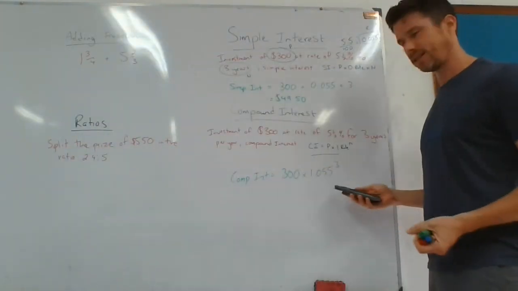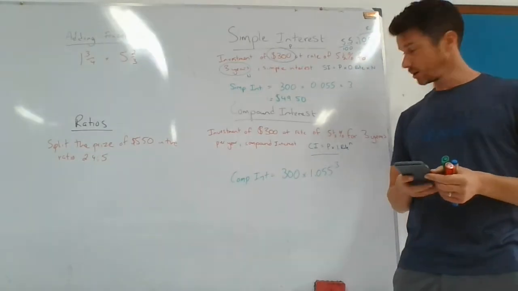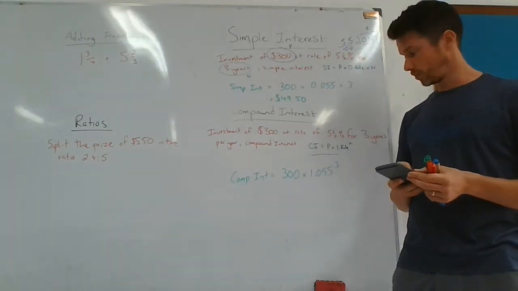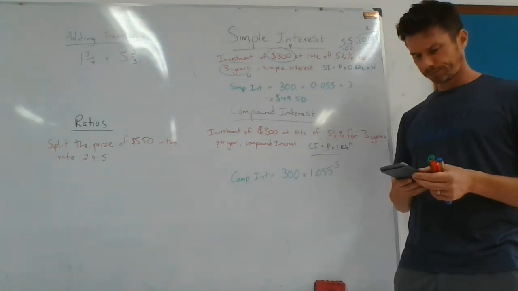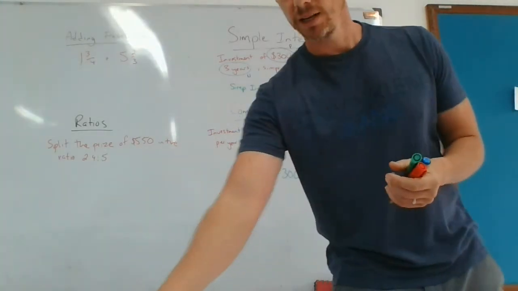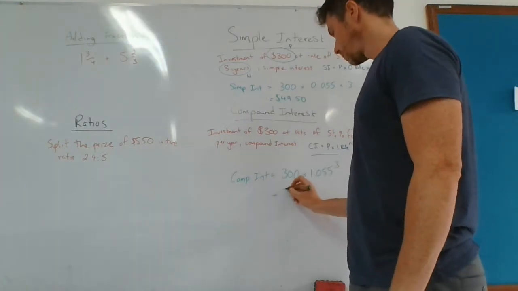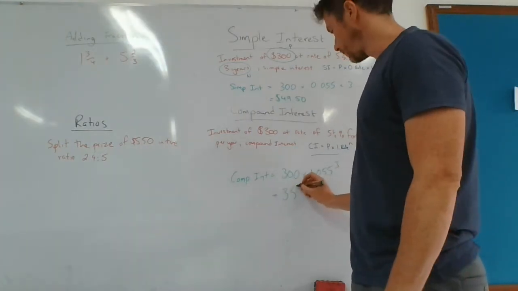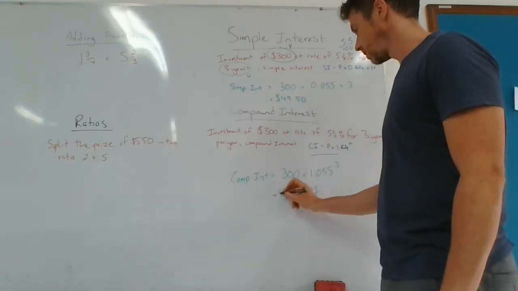It's important that you write this in your workings, so we can give you any attempt marks. So 300 multiplied by 1.055 to the power of 3. If you do this in your calculator, you should get 352 point, money, so you round it to 2 decimal places, dollars.